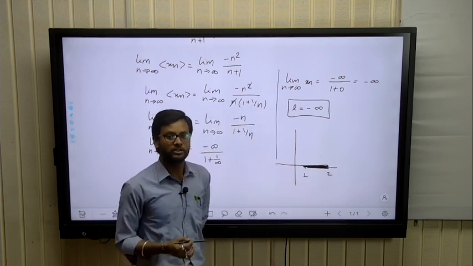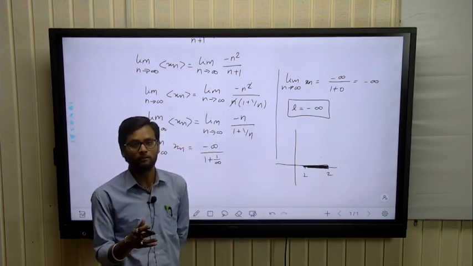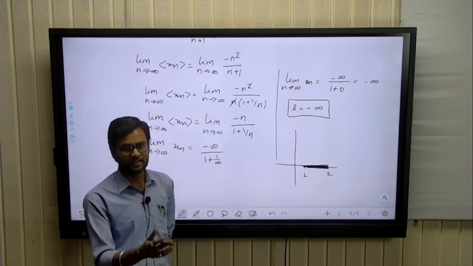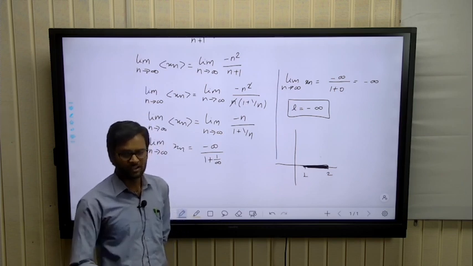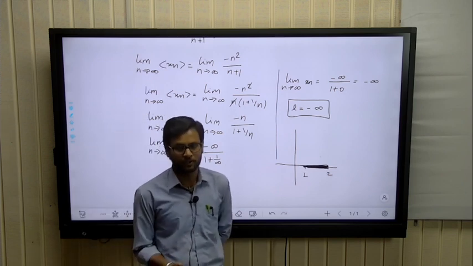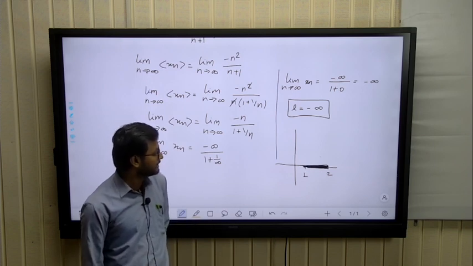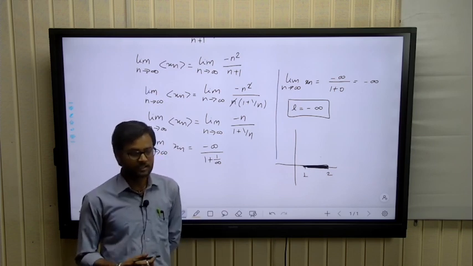When the terms of a sequence oscillate between two numbers, that sequence is called an oscillatory sequence. This is the basic definition of an oscillatory sequence, not a more technical definition, and it is clear from the example.